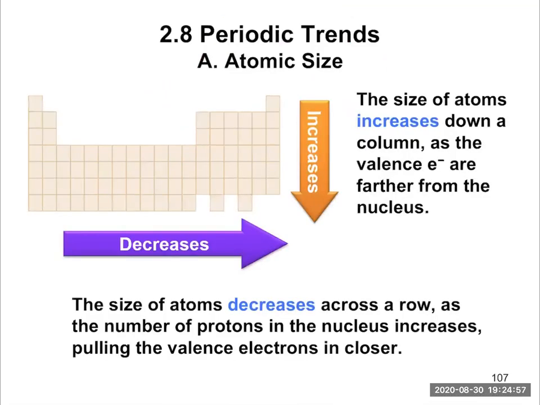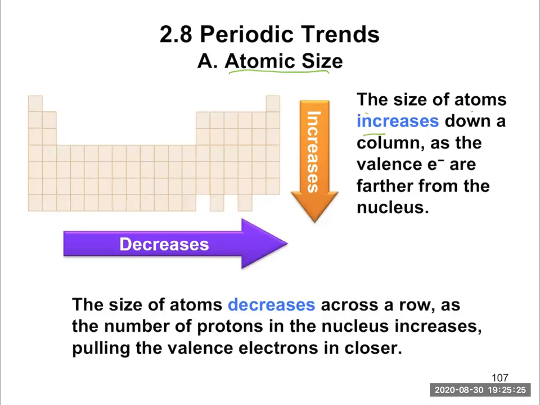Okay. The next part of the chapter is just memorizing electron trends. One of them is the atomic size, pretty much how big you go, or the radius, how you change in size as you go across the periodic table or as you go down the periodic table. So this is a trend that you have to remember. For example, the size of atoms increases.